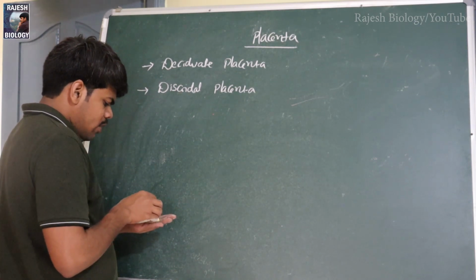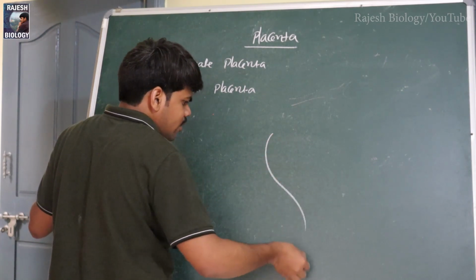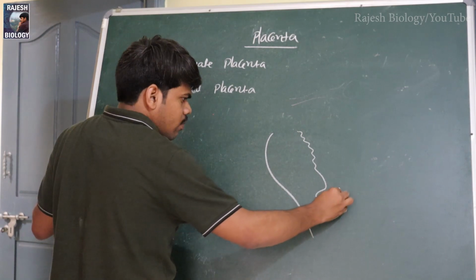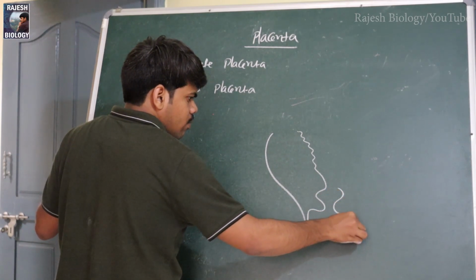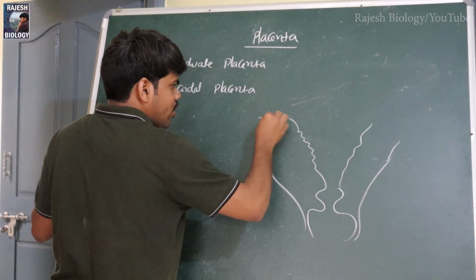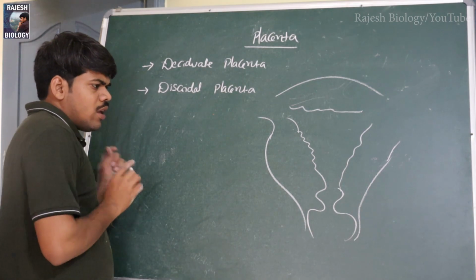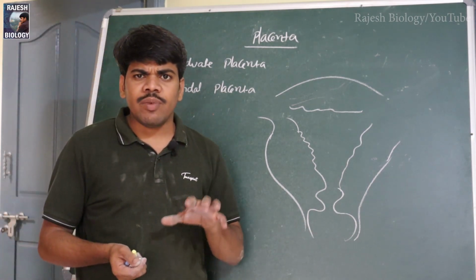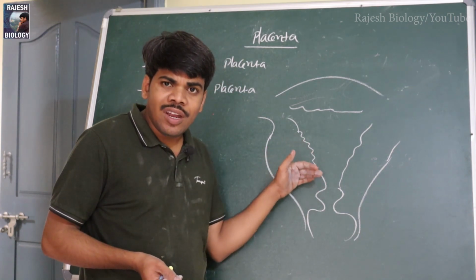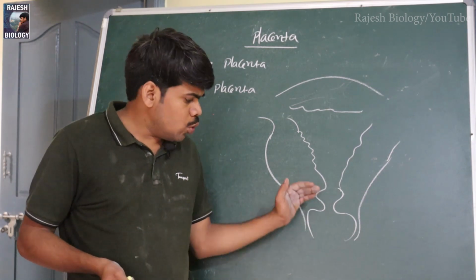You know, at the time of pregnancy or before pregnancy also, there is an endometrial lining. In the menstrual phase, the endometrium lining is ruptured and sloughed out, and vanishes out through the vagina.